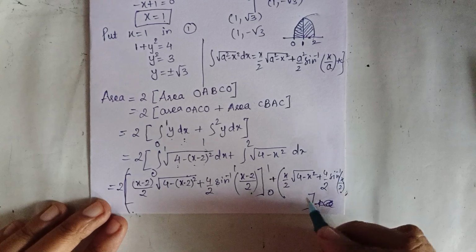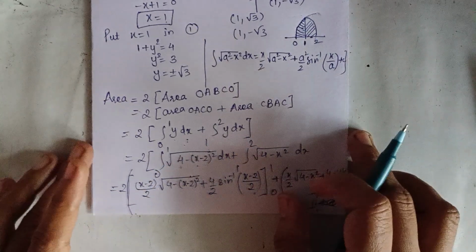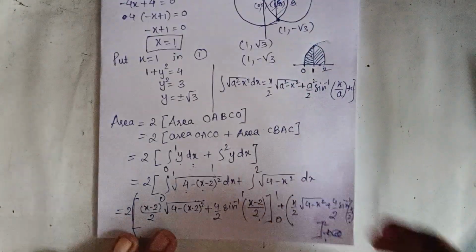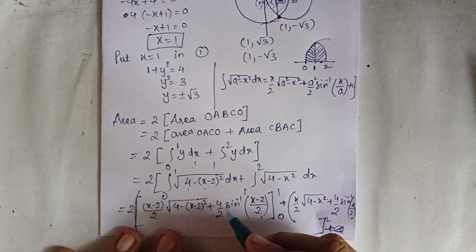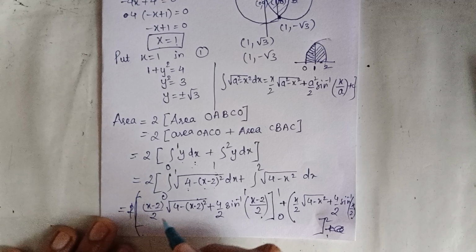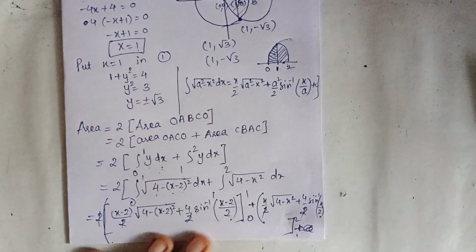Here limits are given, so no c. 1 to 2. Okay, now we have to put the values. This we can simplify. If I take this 2 inside, then these 2's get cancelled everywhere. Okay, I'll write it again.